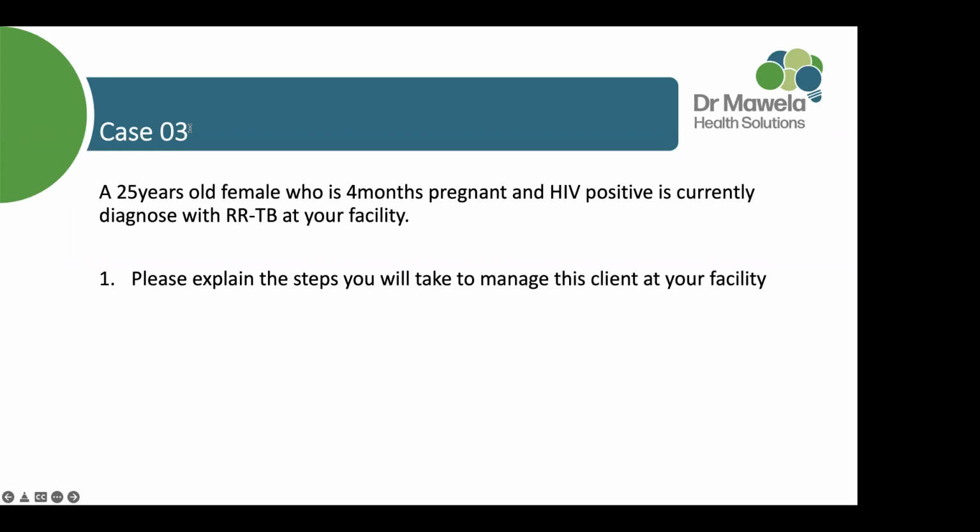What is important in this case, because she's pregnant, is that you need to counsel the woman about the drugs, but also highlight the advantages of the treatment, because the benefits outweigh the risks. Your drug-resistant TB will be treated, but there's no surety about what the drug might do in terms of side effects on the baby.